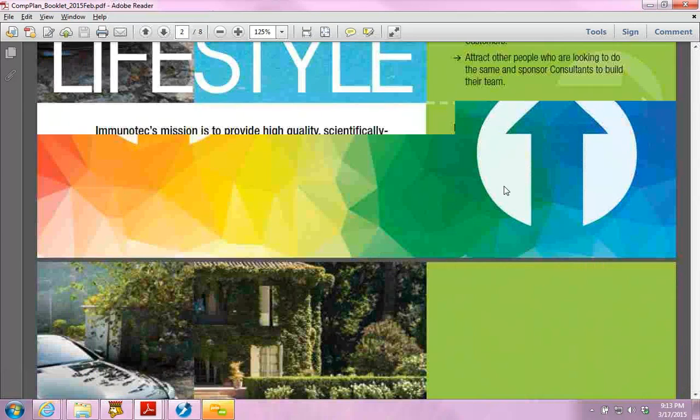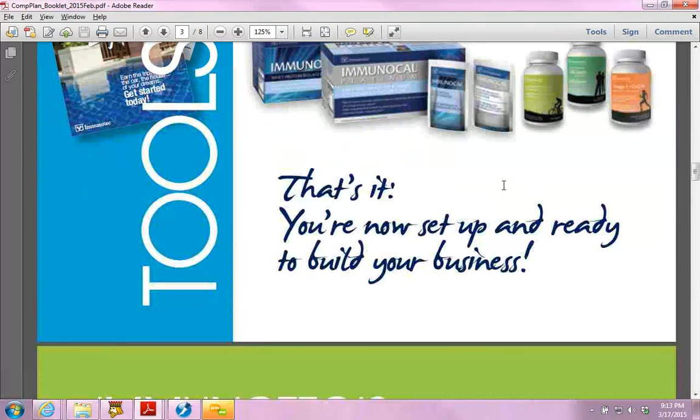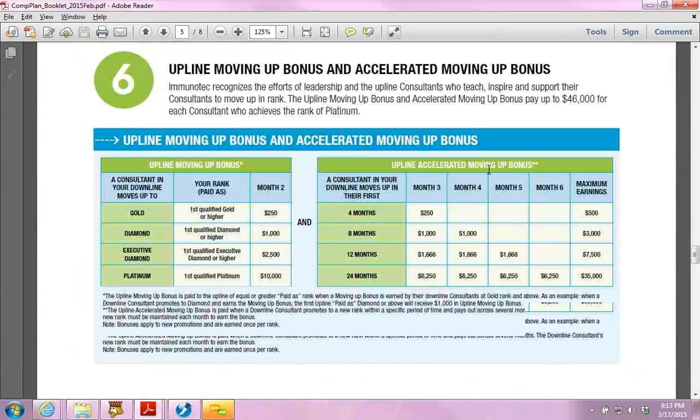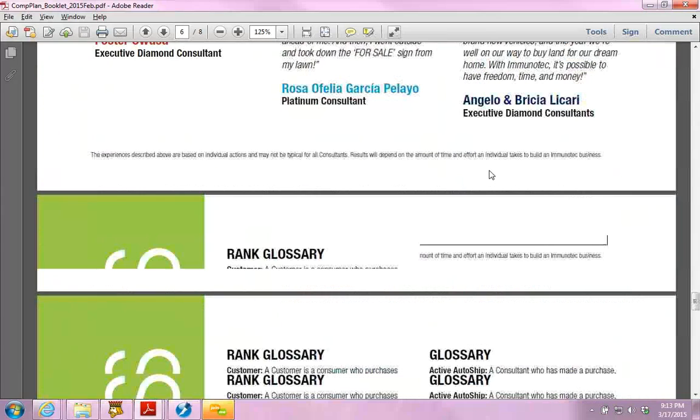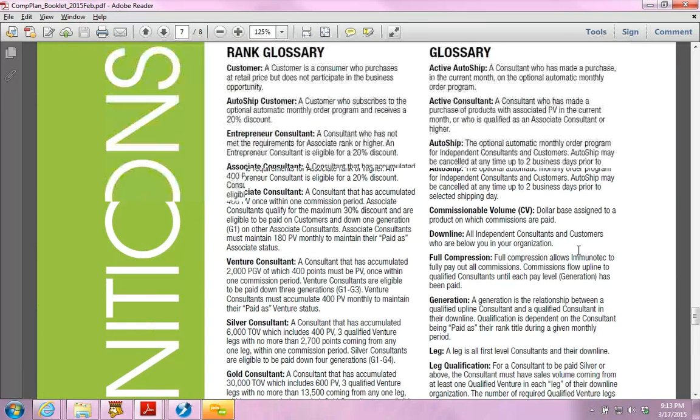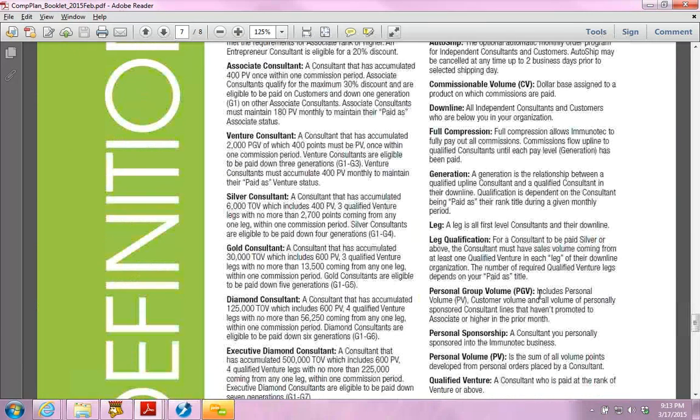My favorite pages on this compensation plan brochure are these ones with all the charts, and this page back here that's the glossary. If you're ever getting confused about what's a venture or what's a downline or what's personal group volume, PGV, the definitions are all here, and it's a precious page.